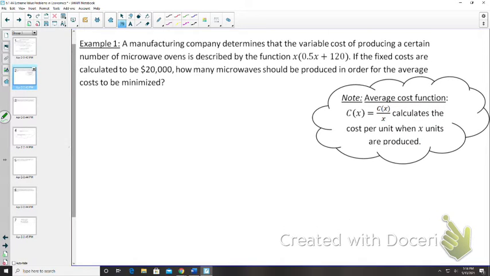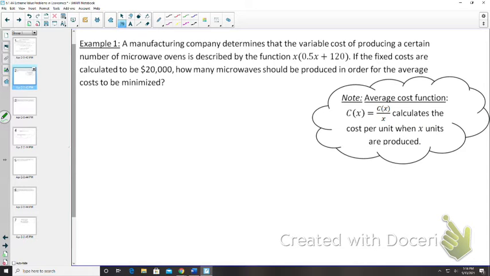Now this question is probably going to take the whole page, so you might just want to do your notes on that blank sheet of paper that's included in there. A manufacturing company determines the variable cost of producing a certain number of microwaves is described by the function X multiplied by 0.5x plus 120. So that is the variable cost.